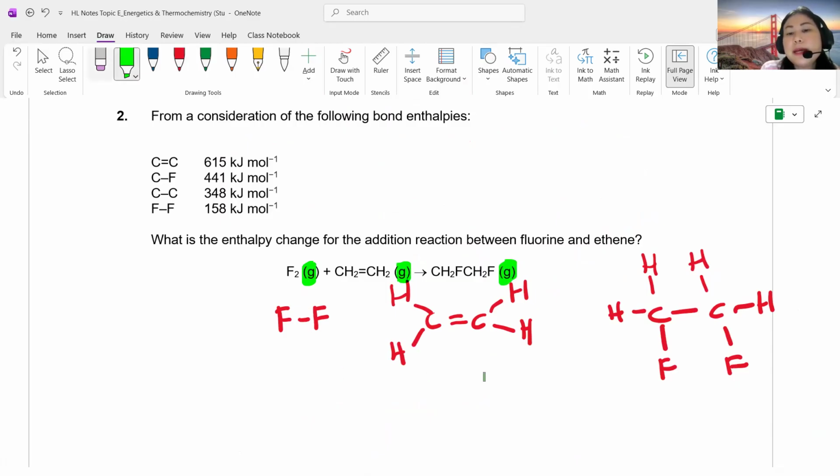So we have, these are my reactants, these are my products. So I have one FF bond, one CC double bond, 4 CH bond. I have one CC single bond, 2 CF bond, 4 CH bond. So if you hear me, there are 4 CH bond, there are 4 CH bonds. So they all cancel out each other already. So we don't need to care about the CH.